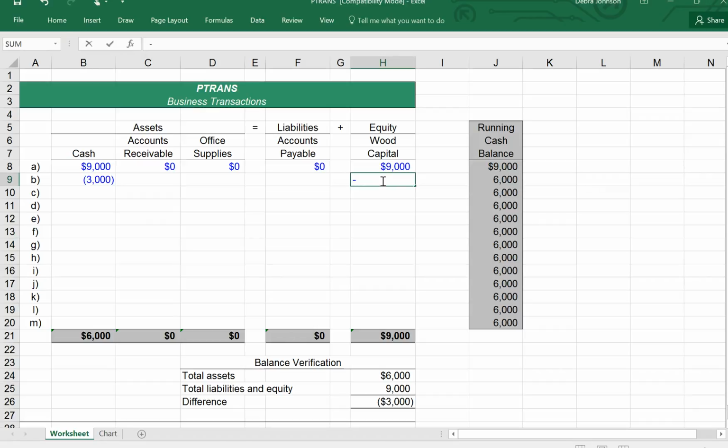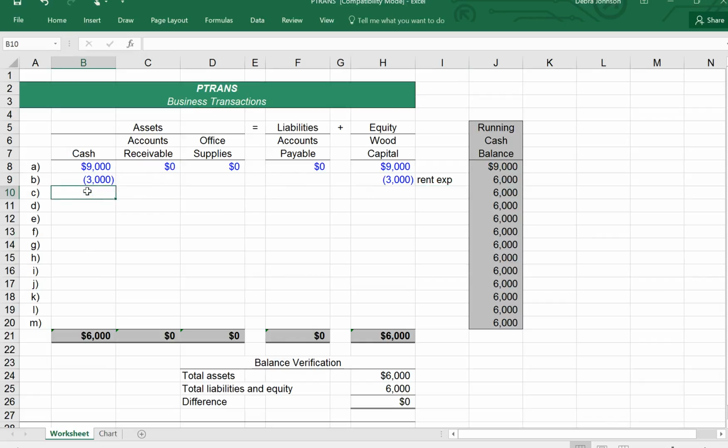So we'll enter a minus $3,000 over here in column H. And knowing that I'll have to prepare a set of financial statements, I'm going to write a short note in column I, remember I unprotected it, to let me know what the transaction was for. That will make our lives easier when we get to the requirement to do the financial statements. Okay, let's do one more together.